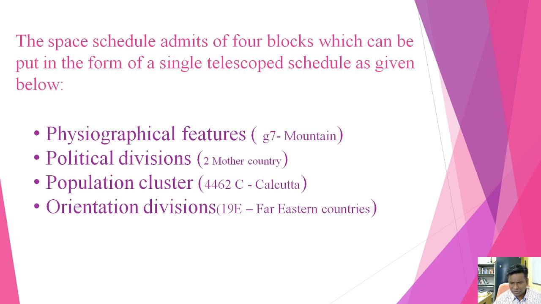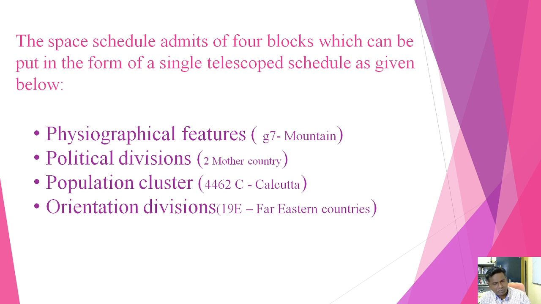Physiographical features are based on the physical features of the space, such as desert, delta, forest, valley. All those things are called physiographical features. For example, G7 is denoted for mountain.